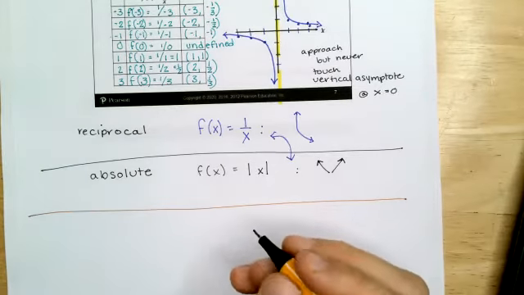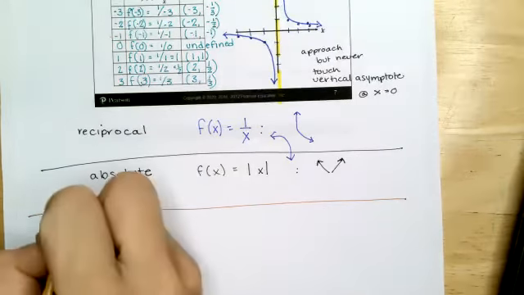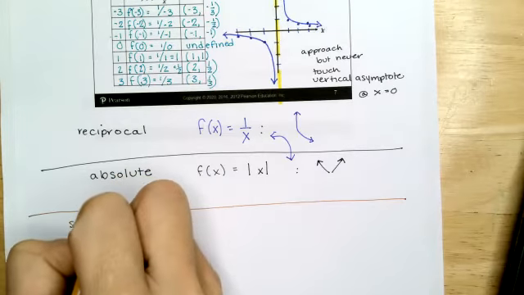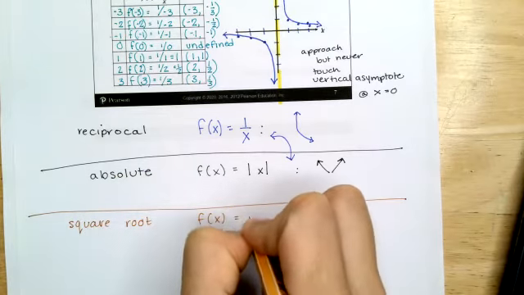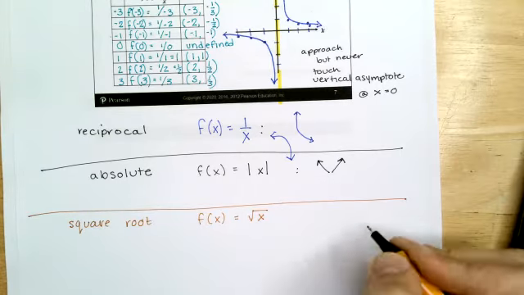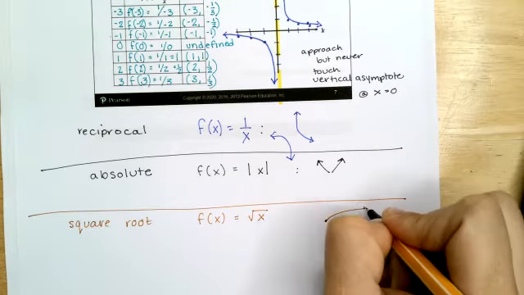Then you've got the square root, f of x equals the square root of x. That one's going to go like that.